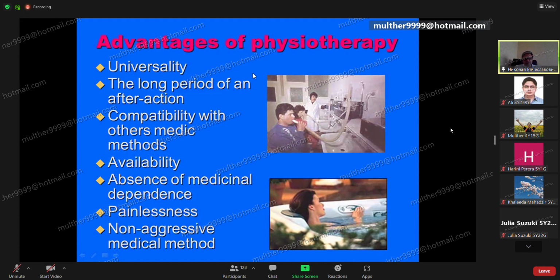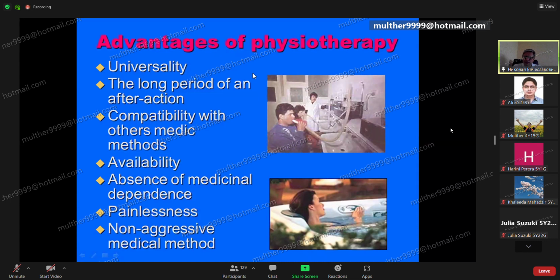The next advantage, especially important for children, is painlessness. Almost all methods of physiotherapy we can apply without any unpleasant sensations, and of course without pain.